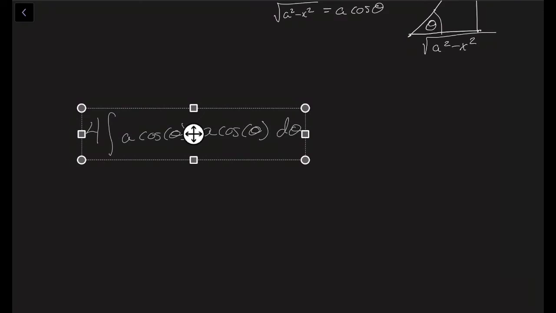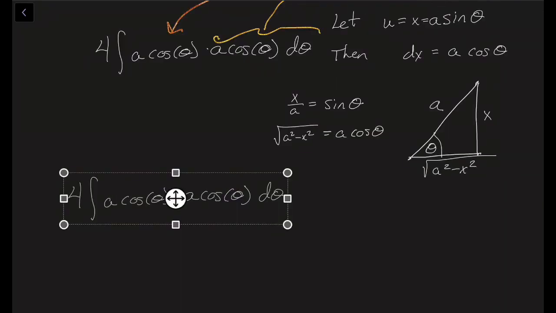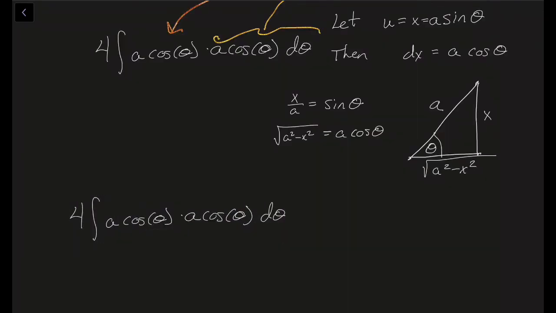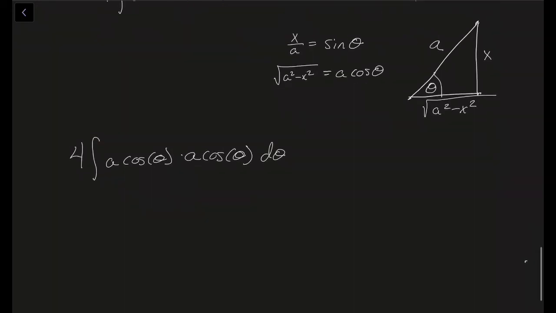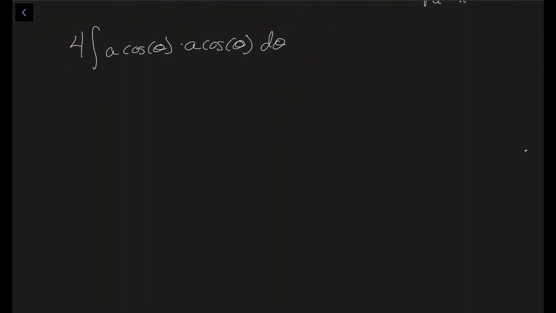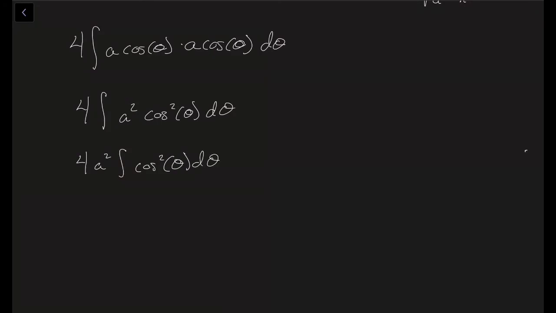So now we have this integral that we want to evaluate. So we have 4 times the integral of a squared cosine squared theta d theta. And we can pull that a squared out. So a squared, the integral of cosine squared theta d theta.